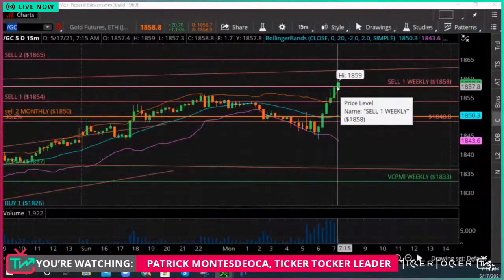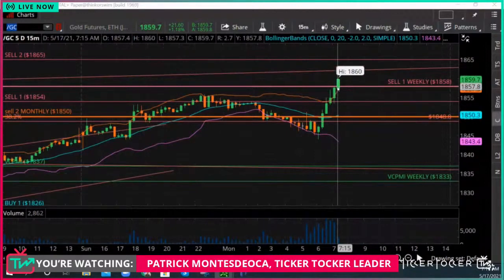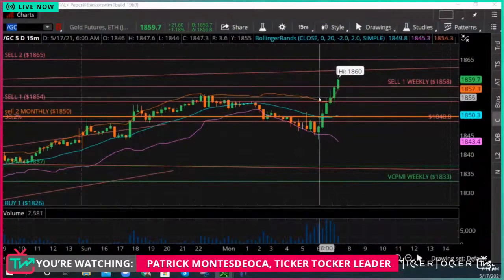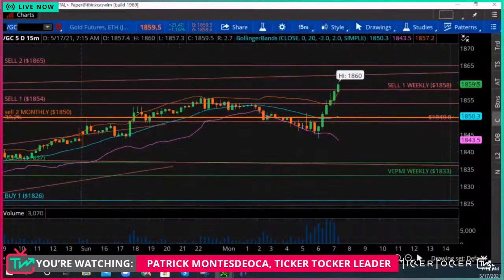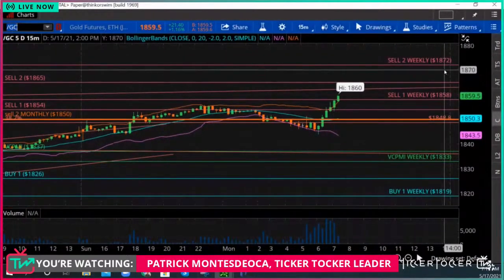These are targets that you can use if you're long into the market and you want to use it as a GPS to guide your core position, your trading. It's pretty much confirming the targets are being completed. Now, the question is, is it going to go up all the way to 1872?